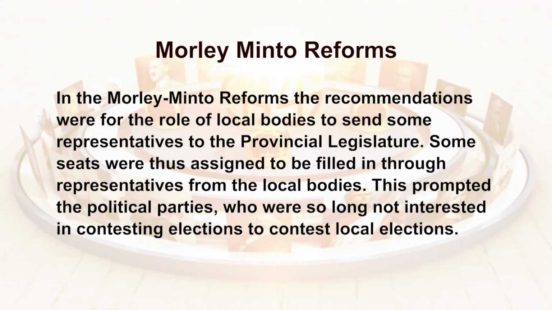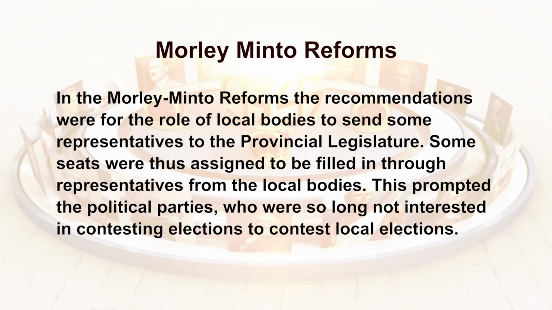A number of municipal acts followed, and a large number of municipalities were formed, till we come to the Morley-Minto reforms of 1909, which came in the wake of the 1905 Swadeshi movement. In these reforms, the recommendation was for local bodies to send some representatives to the provincial legislature, and some seats were assigned to be filled through representatives from the local bodies.